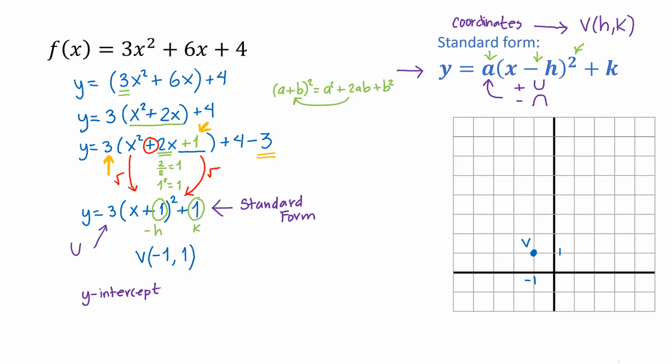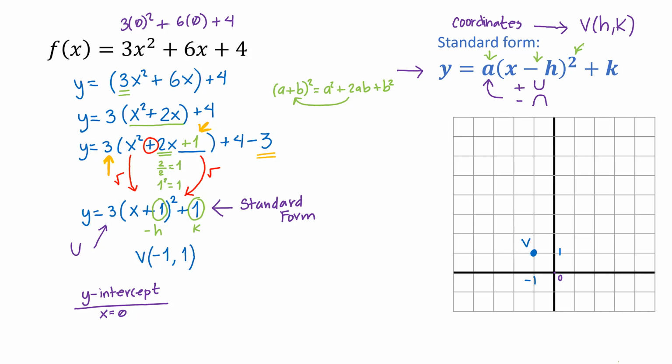Remember that when you're looking for the y-intercept, it means that the value of x is 0, because you're looking for the value of where your parabola is crossing the y-axis. To find the y-intercept, just substitute 0 in your original equation. 3 times the square of 0 plus 6 times 0 plus 4.